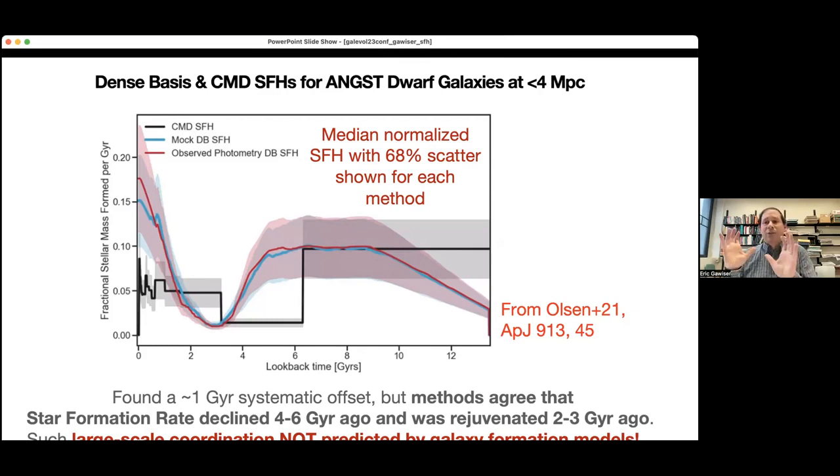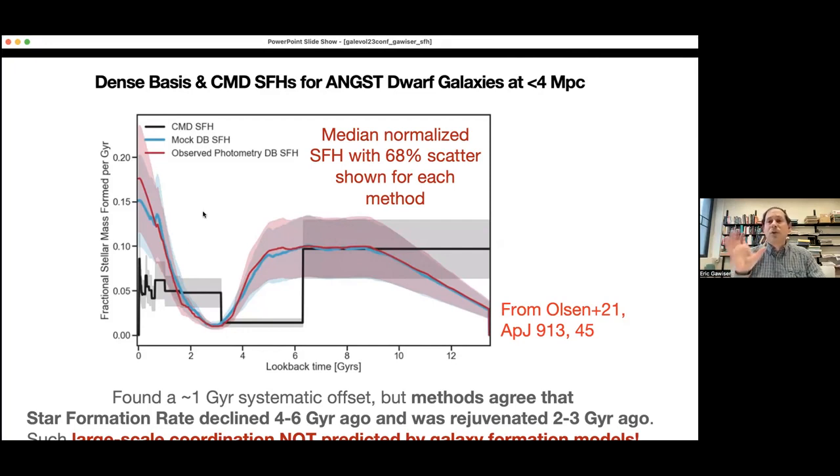When we took that star formation history in the black curve and input it to make a mock spectral energy distribution, and then analyzed that with the Dense Basis method, that produced the blue curve here. So that shows that there's a roughly 1 gigayear systematic offset in our SED fitting versus what for that moment is assumed to be the truth from the color magnitude diagrams.